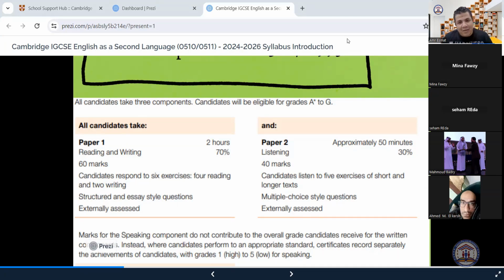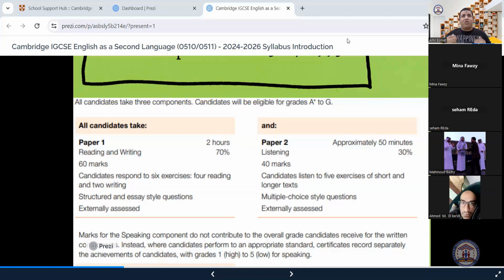What about speaking? You said speaking endorsement. Yes. Why do we say speaking endorsement? Because the marks of the speaking component do not contribute to the overall grade of this test.